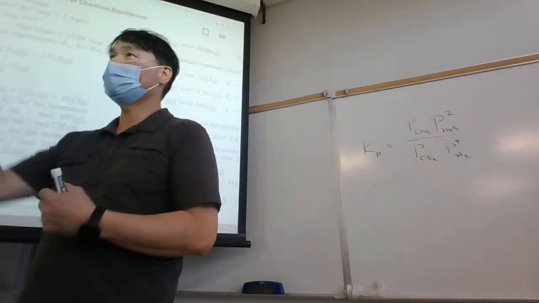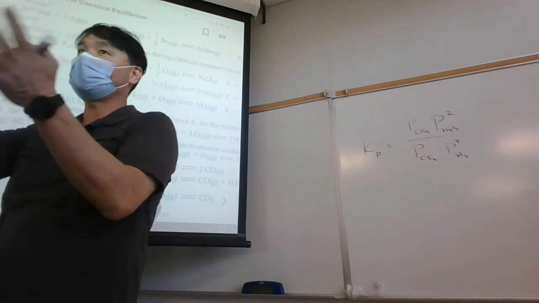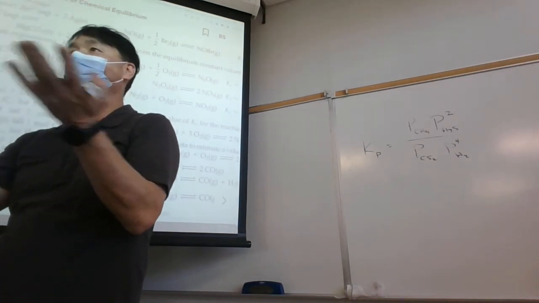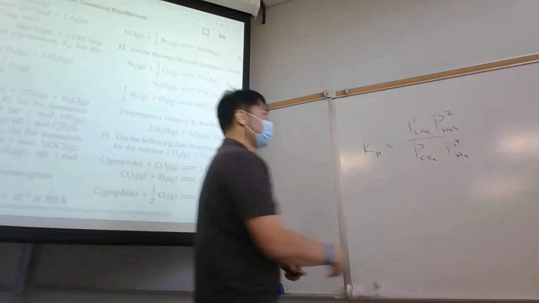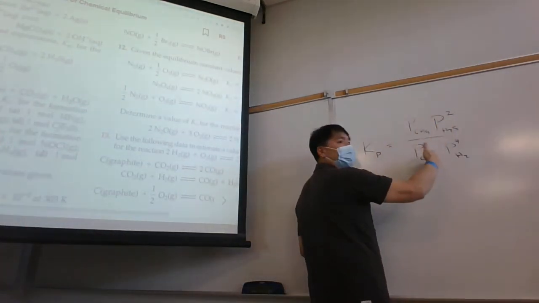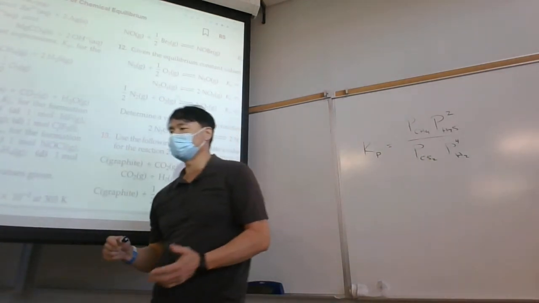If the number of moles of gas on the top and the number of moles of gas on the bottom are the same, then it doesn't matter. I could use bar or atmospheres, I'm going to get the same ratio. It's just when the number of moles of gas differ from the top and bottom that I can't use that because it doesn't quite work out.